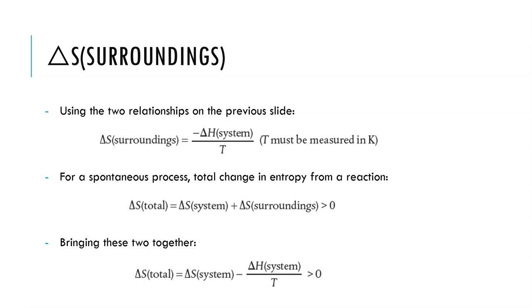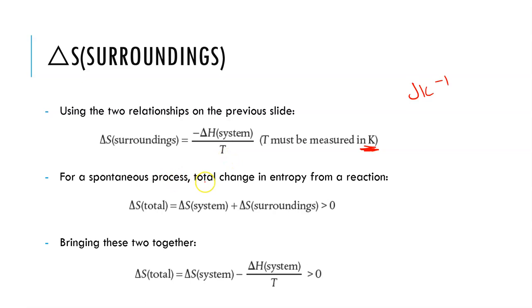Using the two relationships, we can say that delta S of the surroundings is equal to negative enthalpy over T, and T must be in Kelvin, remembering our units were joules per Kelvin for entropy, and this is going to mean that we need to be dividing by Kelvin on the bottom.